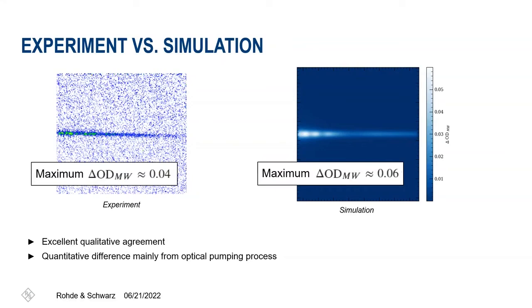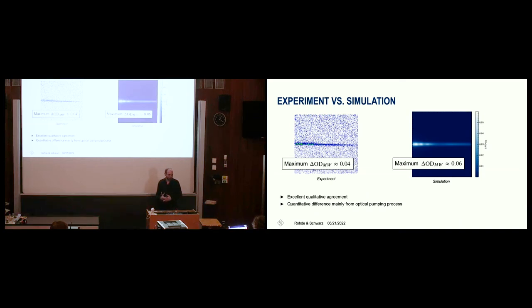The simulation expects that the optical signal is a bit stronger. But we know that this is due to the optical pumping process, which works a bit less efficiently in the experiments than what we expect from the simulation. But otherwise, I think it's a very good agreement.